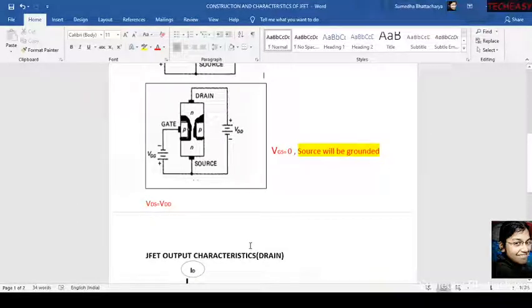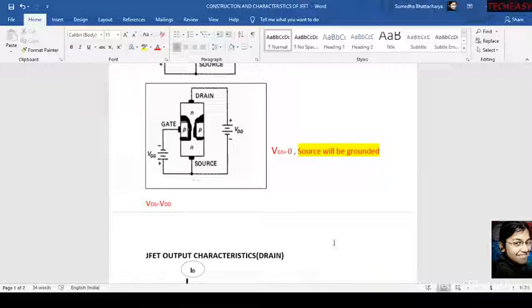Pinch off voltage is the voltage at which the current will saturate. So after the pinch off voltage, the voltage will increase and the current will not increase. But at a certain voltage the current will flow hugely. This voltage is called the breakdown voltage, okay?